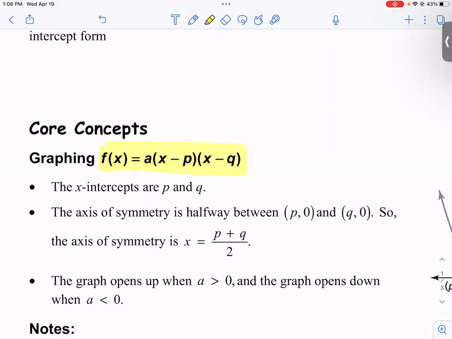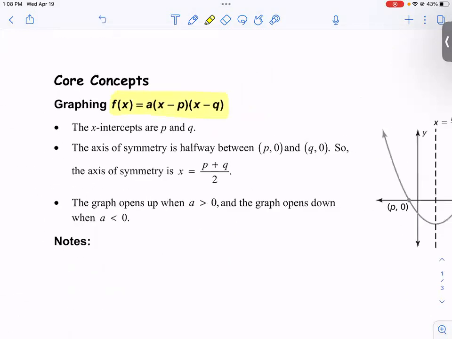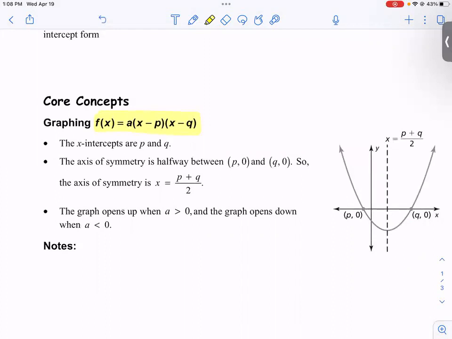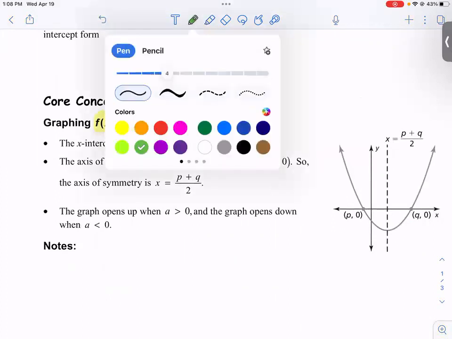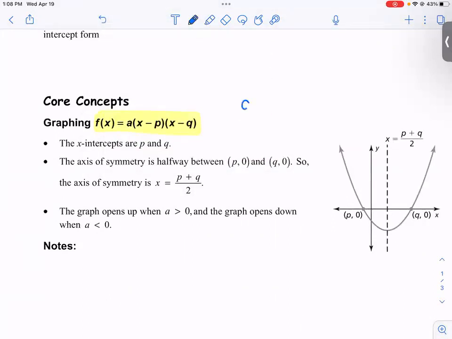We did a whole bunch of factoring, and if we set this f of x equal to 0, then we have x minus p equals 0 and x minus q equals 0, right? So x equals p and x equals q.